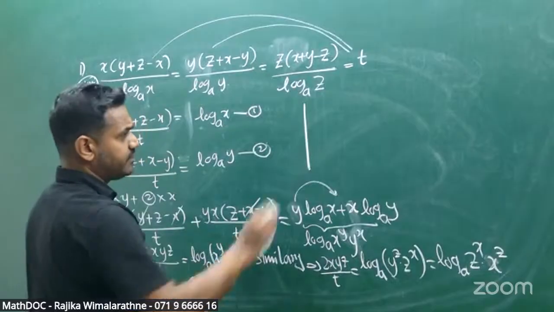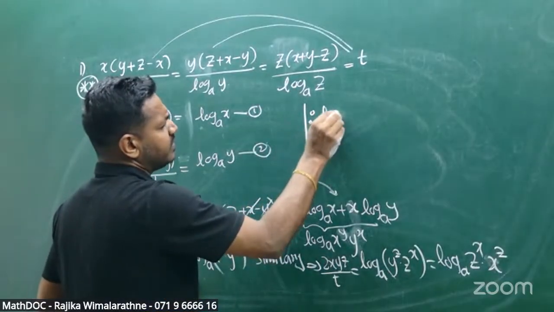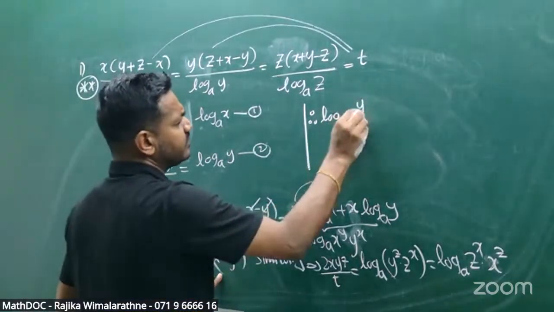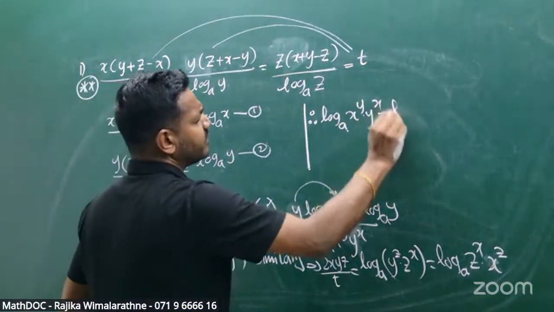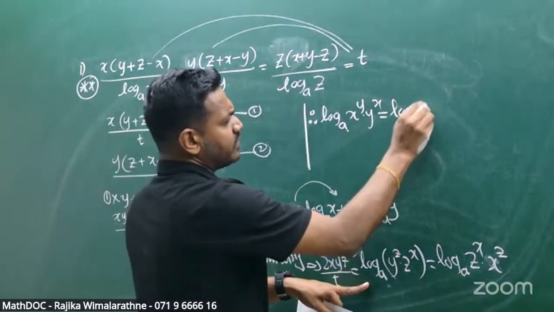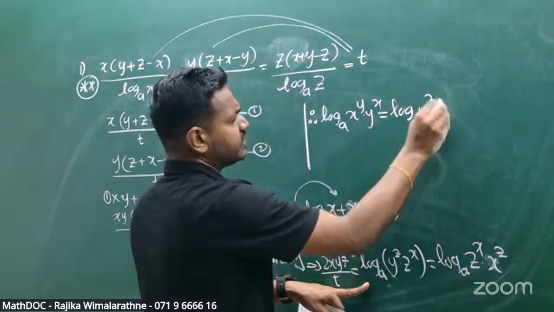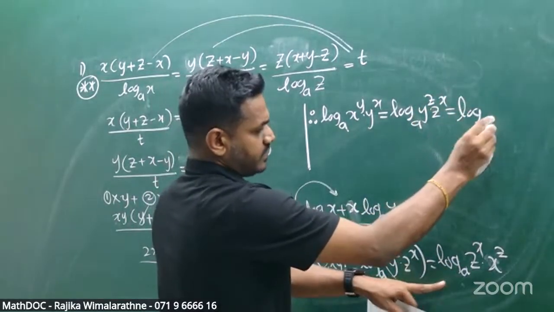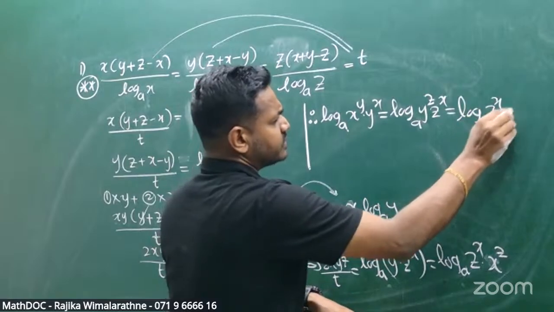Then you write, therefore, log a base x to the power y, y to the power x equals log a base y to the power z, z to the power y equals log a base z to the power x, x to the power z, same.